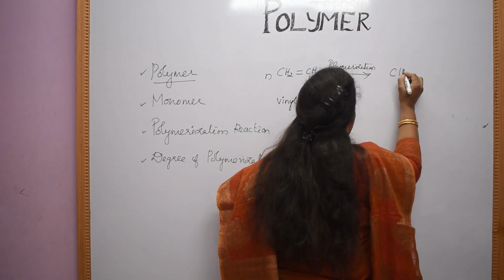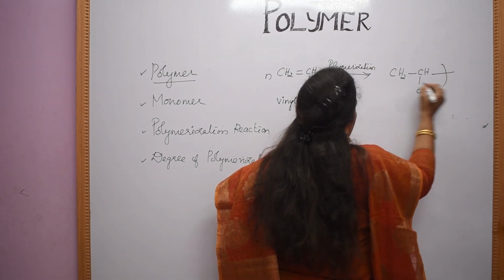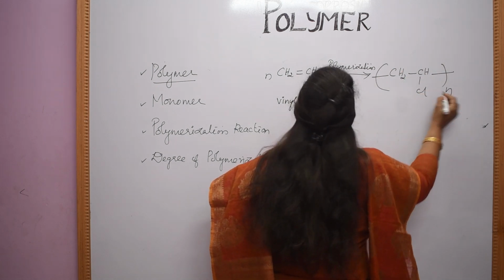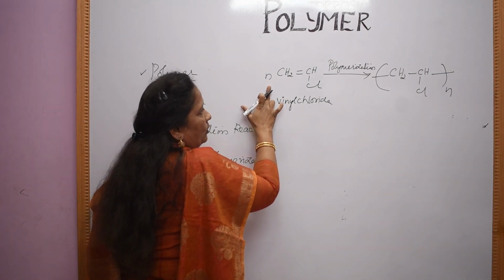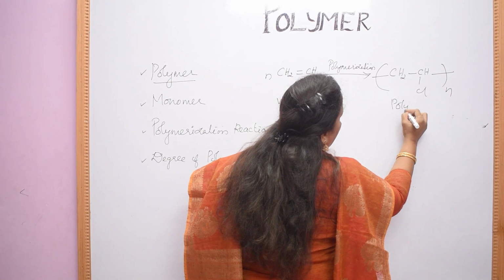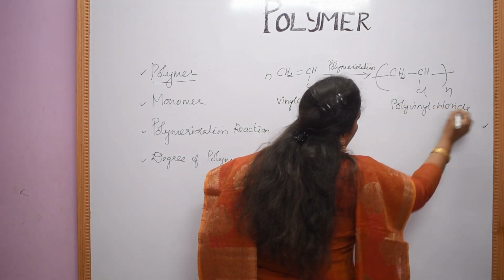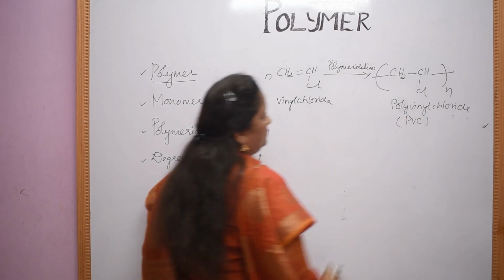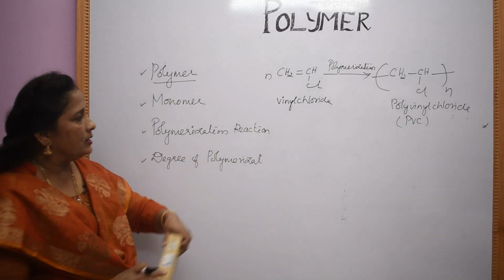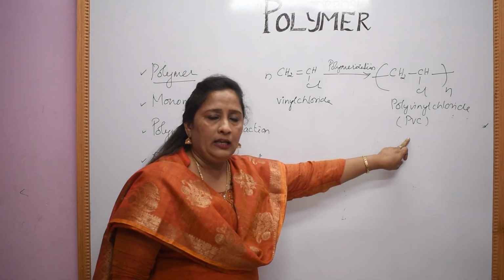So what may be the structure? CH2-CHCl, n times. So n molecules of vinyl chloride undergo polymerization to form polyvinyl chloride, which is popularly called PVC.